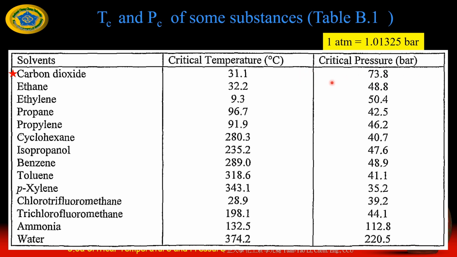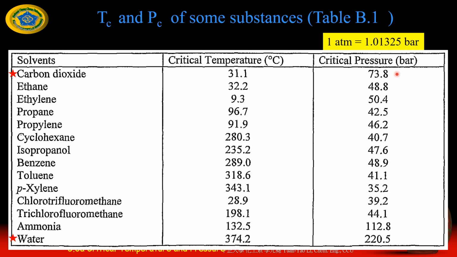The temperature is quite low, but the pressure is about 70 bar, relative to atm, so about 73 or 70 atm. This is one of the important gases you need to know.